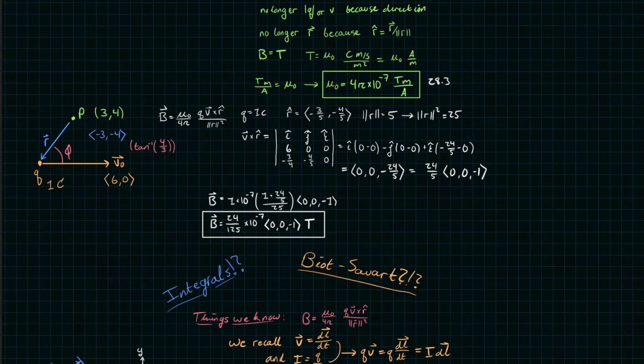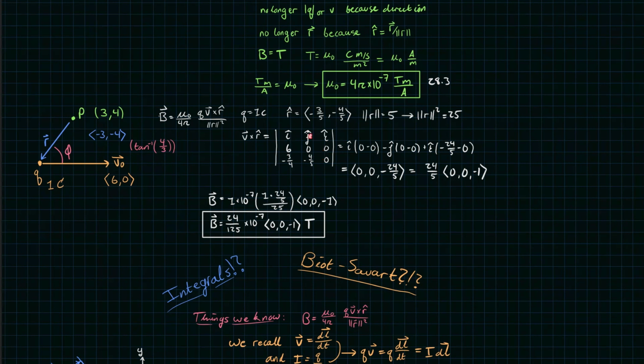We're going to do our cross product now. We have i, j, k on the top, the components of our v, since that was the first term, and then the components of the r go on the bottom, which is -3 over 5, -4 over 5. If we take our i here, and we do this and that, it's 0 and 0.